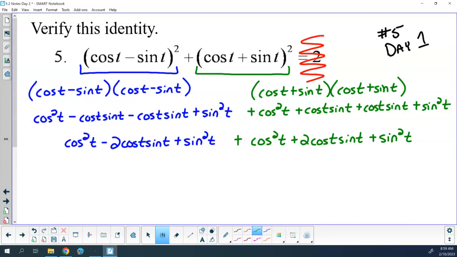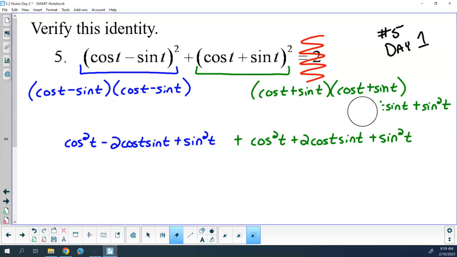Now, I will tell you this, that so far on this problem, that right there is the least amount of work that you can show. With me? On these problems, you have to show us on paper what you're thinking.